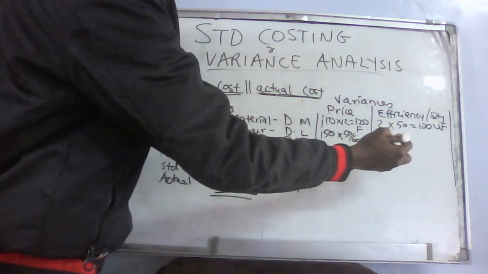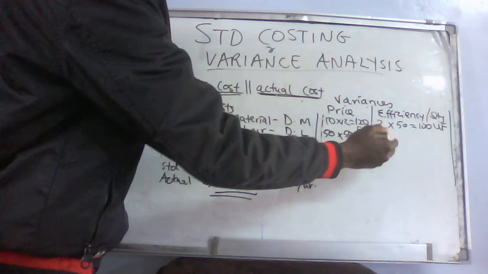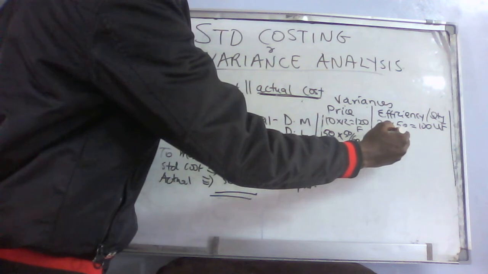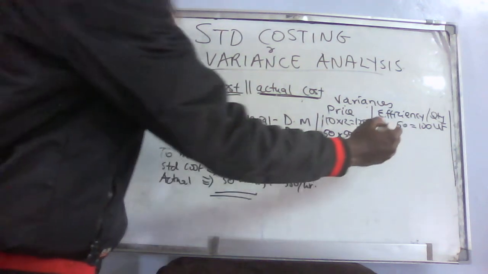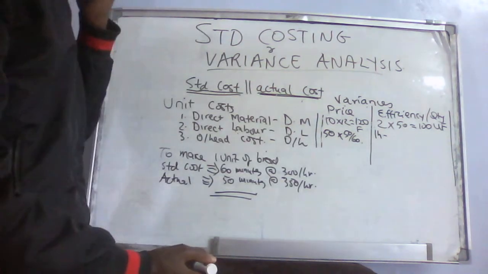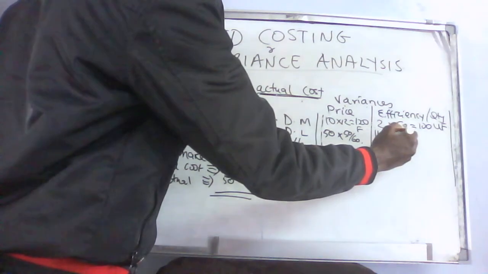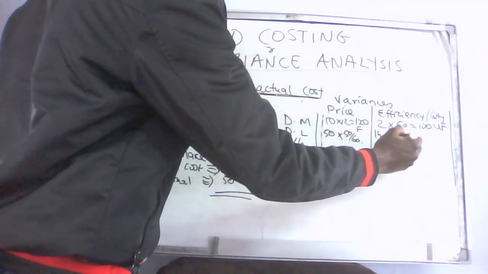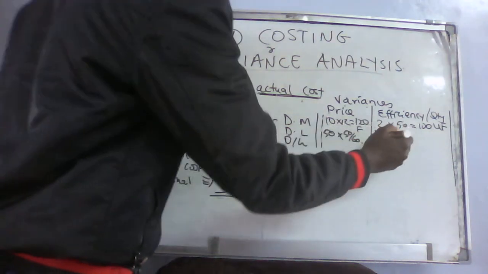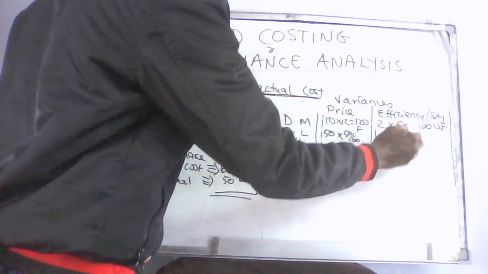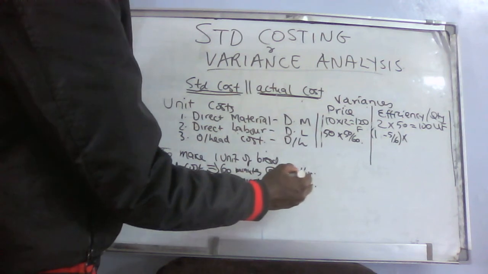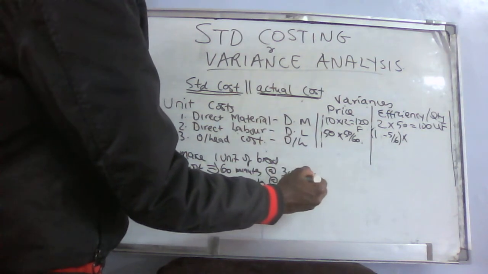We had thought we would use 1 hour, but we have used 50 minutes, which is 5/6 of an hour. So I use 1 minus 5/6, times the standard price of labor, which is 300 per hour.